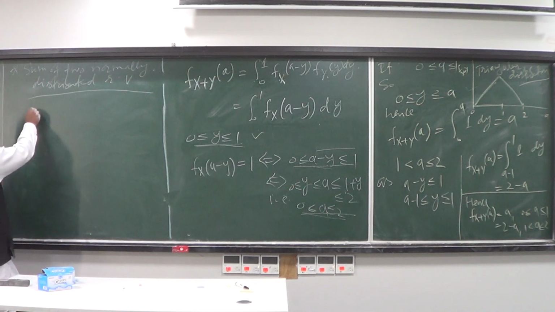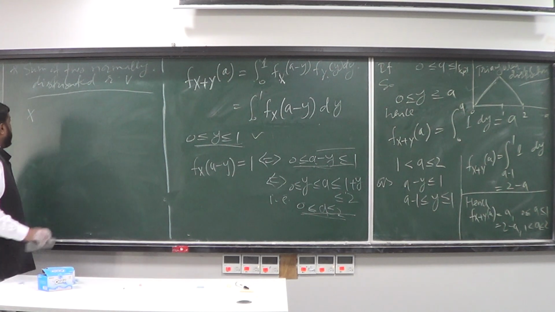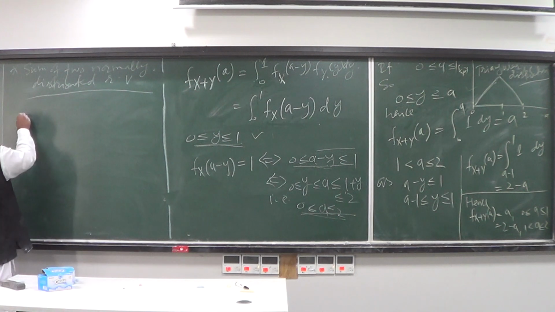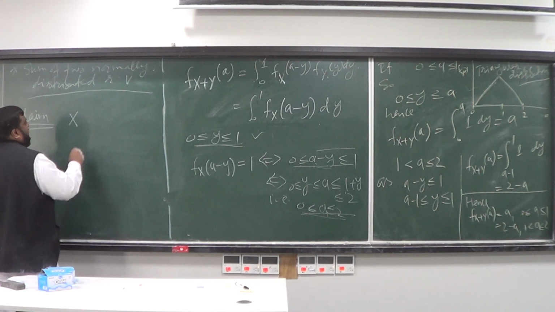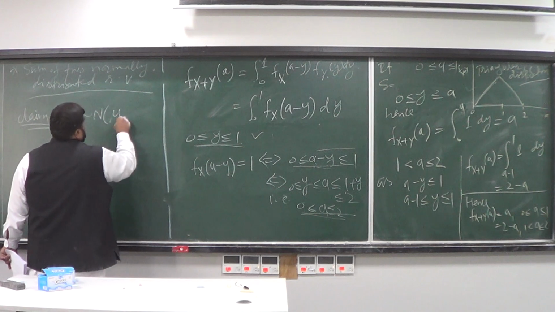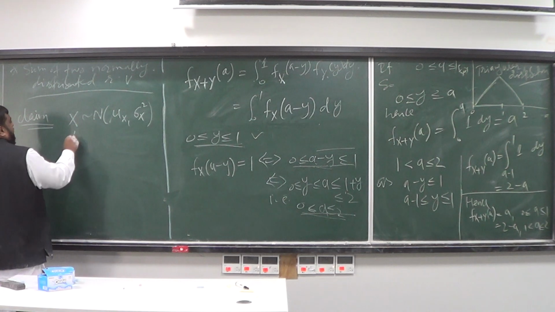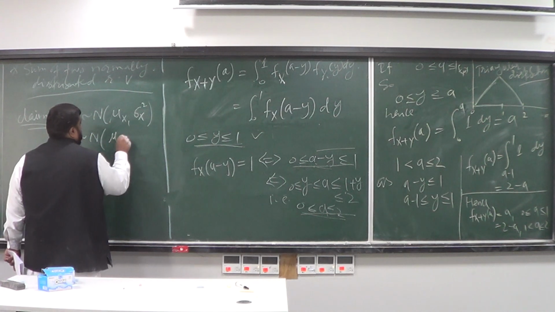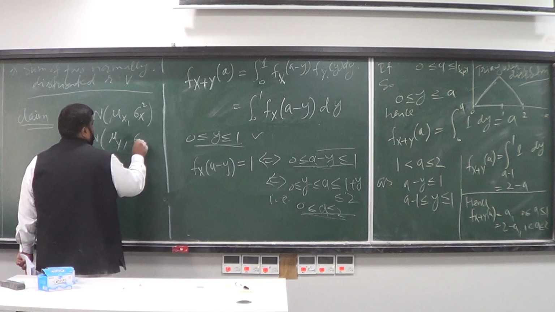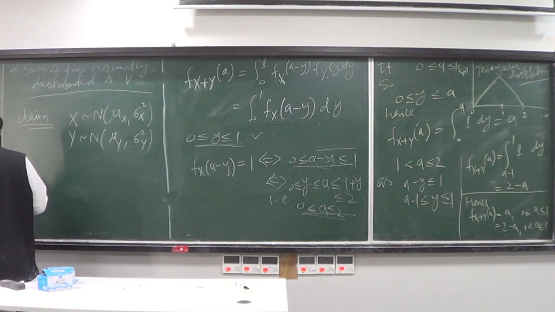So actually what we would like to show, the claim here, is this. Imagine I have x that is normally distributed with mean mu_x and variance sigma_x squared, and y is normally distributed with mean mu_y and variance sigma_y squared.